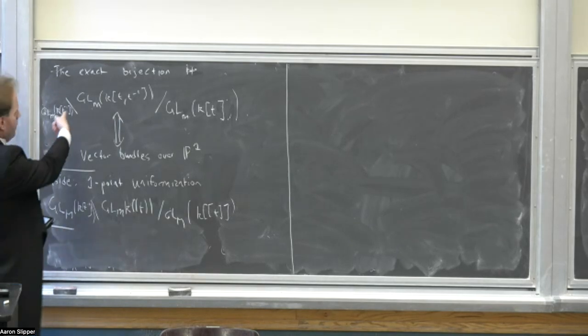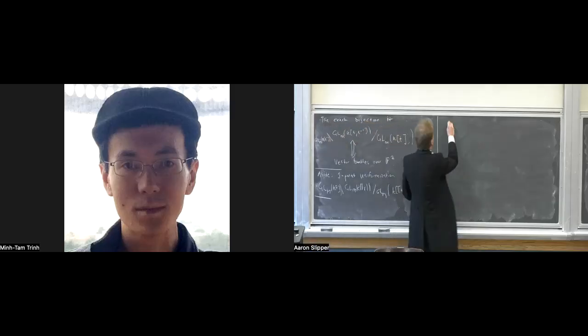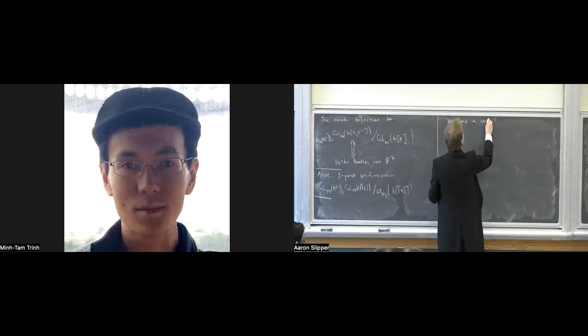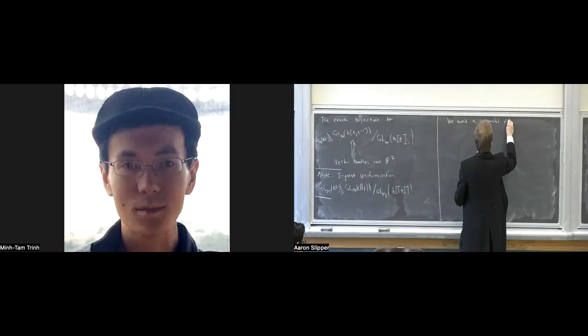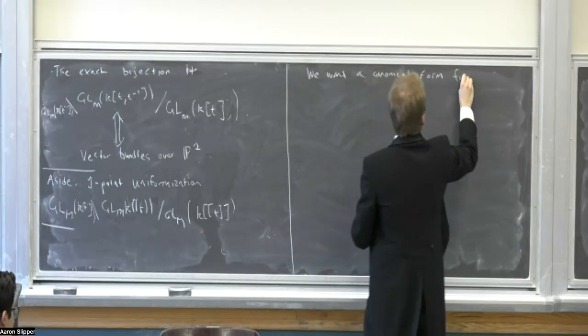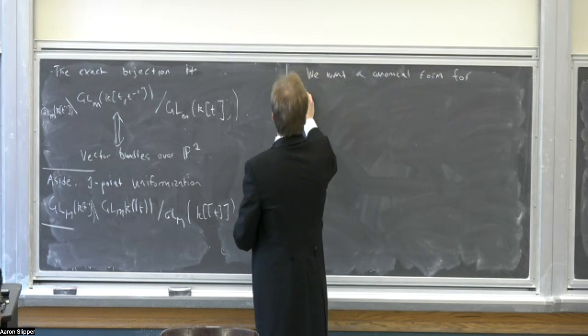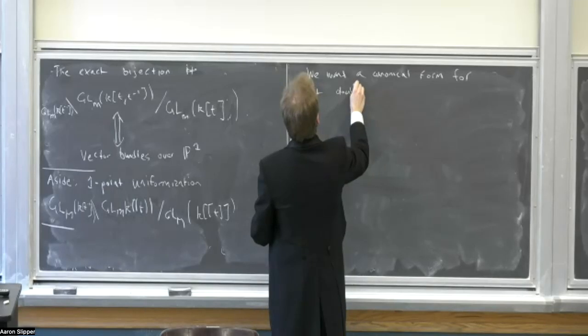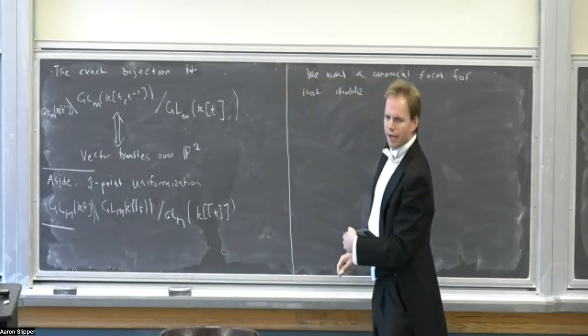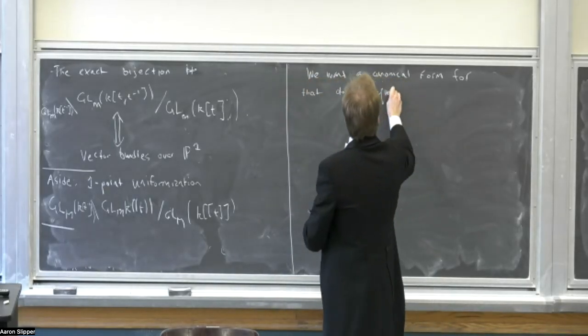So anyway, this is now a linear algebra problem. What we want is a canonical form for this double quotient, I won't write it again for fear of writing 2 as opposed to m, and we're getting an inverse double quotient.